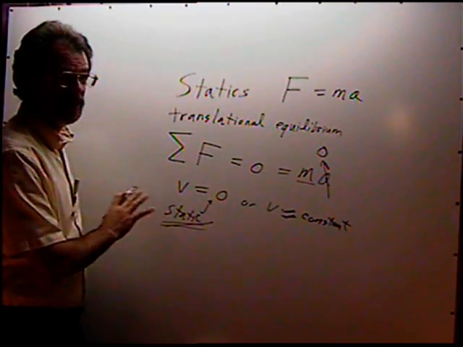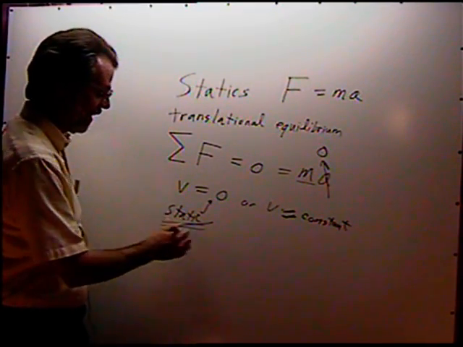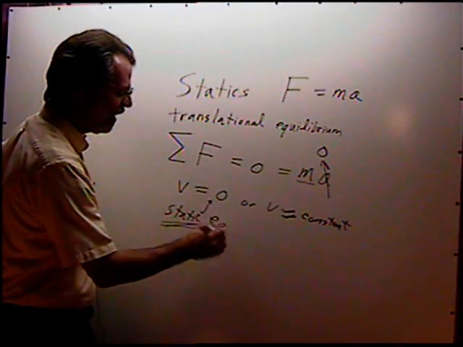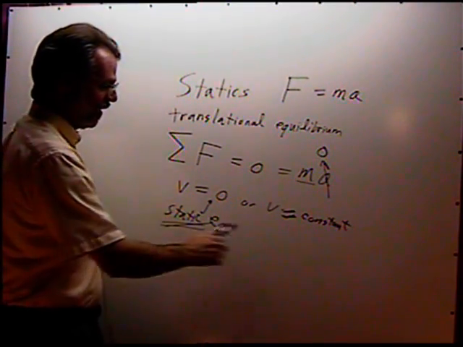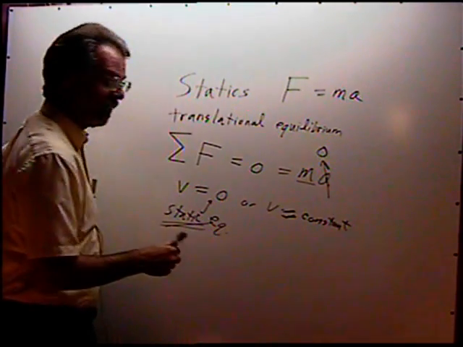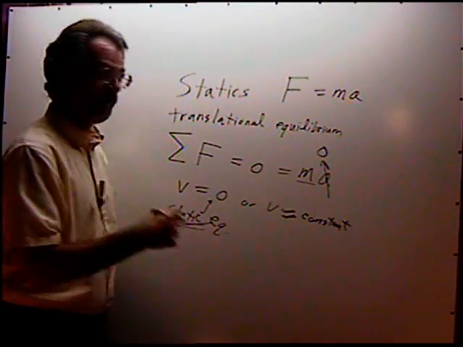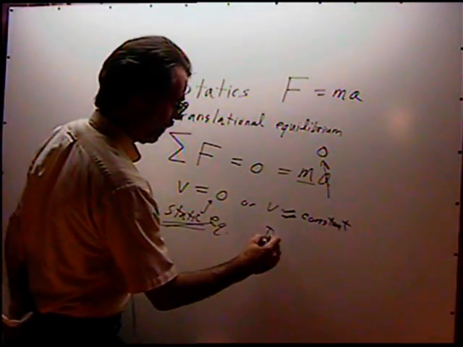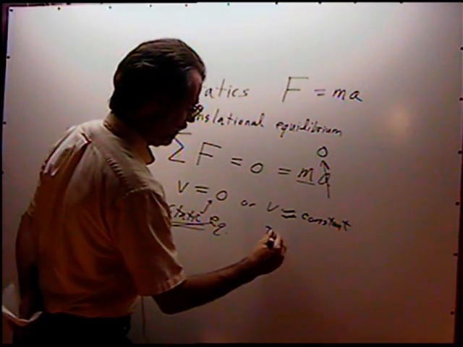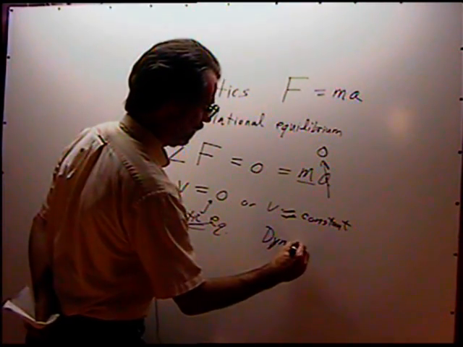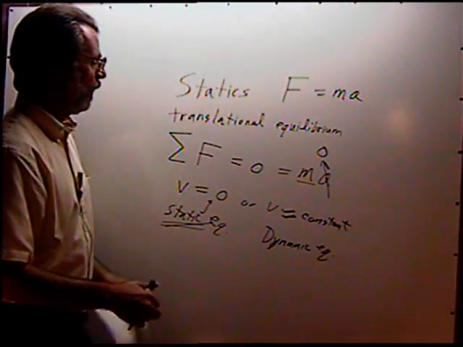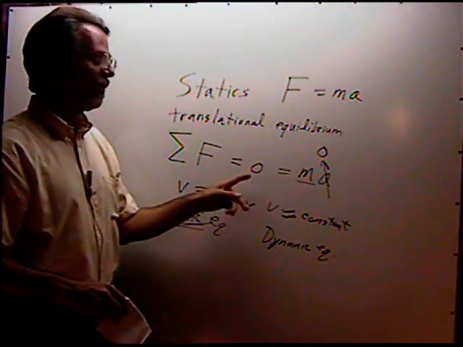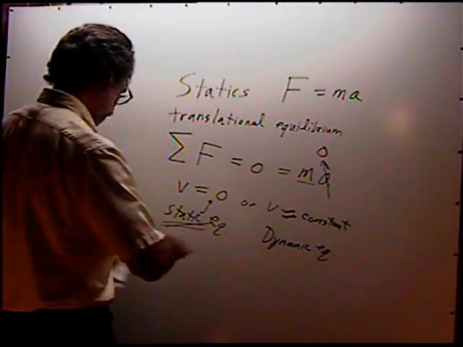Static condition means there's no motion. When the object does have a velocity, the object is moving, and so it's dynamically moving. So we call that dynamic equilibrium. Again, equilibrium implies that the sum of the forces is equal to zero.